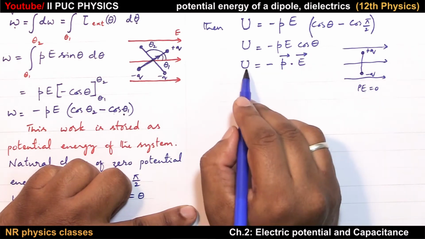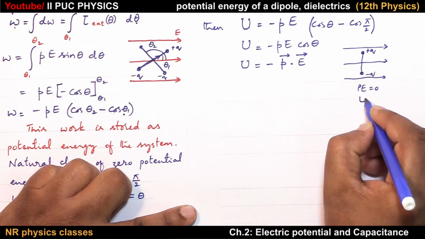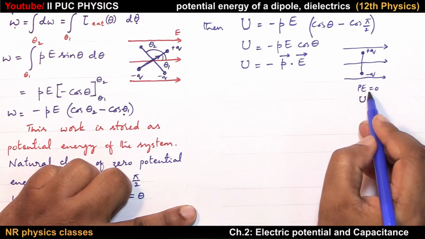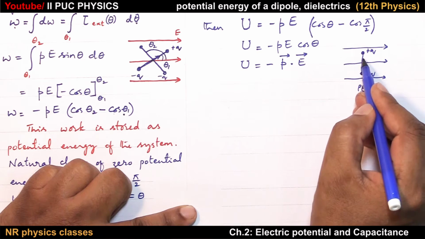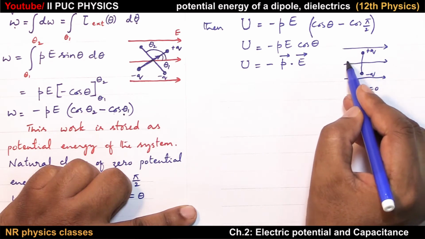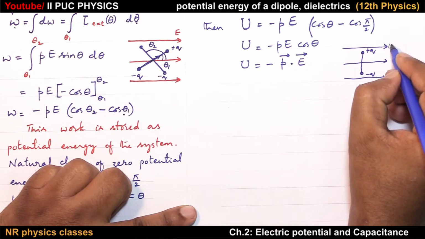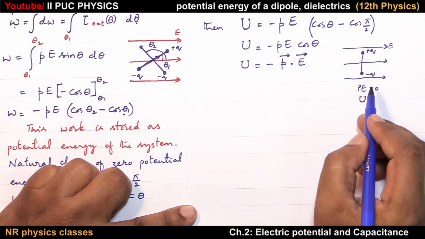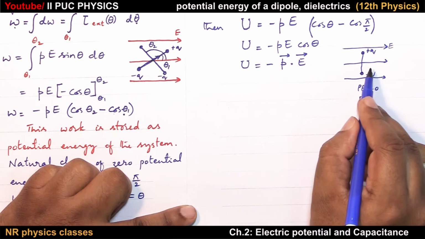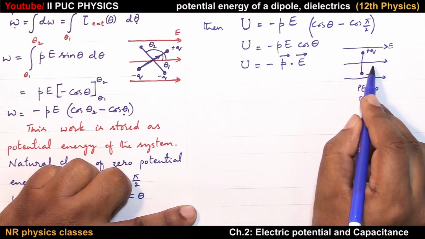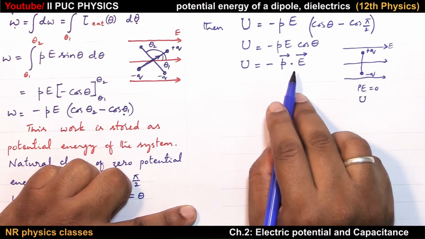Potential energy, we are using the symbol U. Okay, it is just a symbol. So potential energy equal to 0. So from here, is it rotated anti-clockwise or clockwise? That matters. So this is the electric field. Students, please note, these diagrams are not necessary for this derivation. Okay.